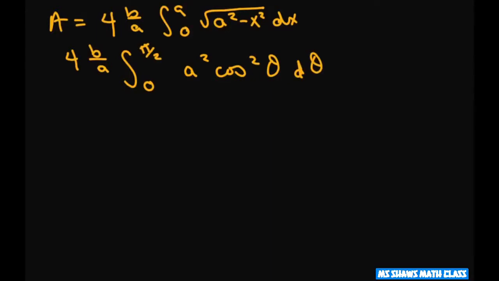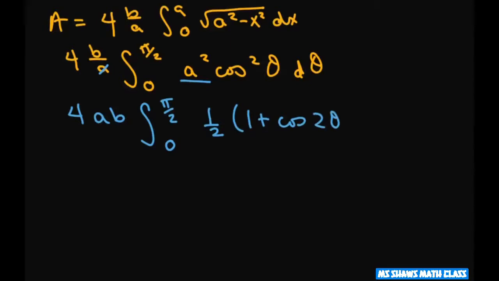All right, so pulling our a squared out, you're going to get 4, this is going to cancel with that, so you're going to get 4ab, and we're going to use our half angle formula because that helps us integrate better. So we're going to do 1/2 and 1 plus cosine 2 theta d theta.